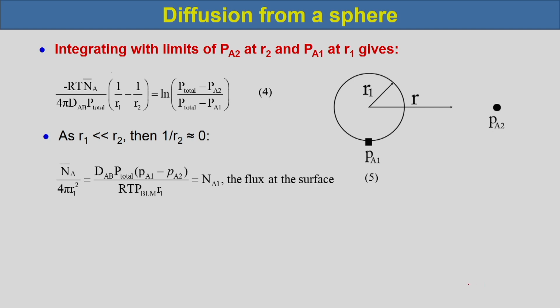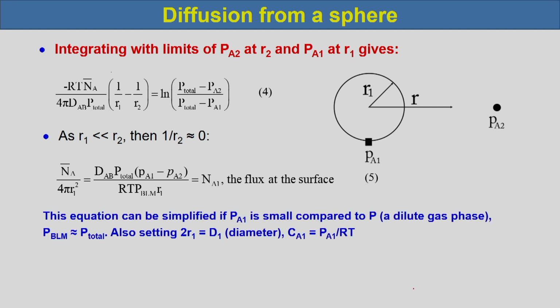So, the above equation 4 would be reduced to Na bar divided by 4 pi R1 square equal to dAB P total into Pa1 minus Pa2 divided by RT PBLM R1, which would be equal to Na1, that is the flux at the surface.